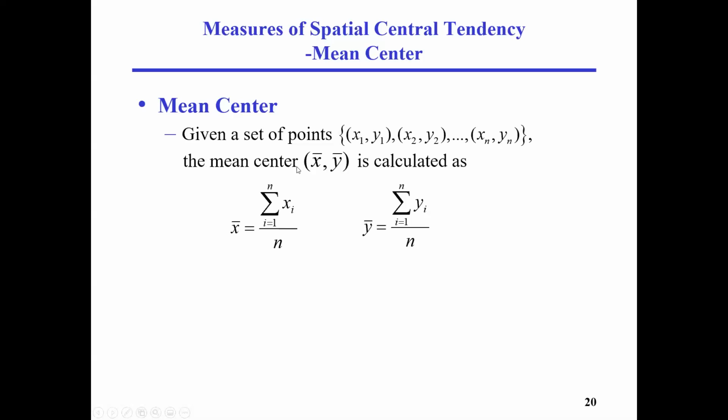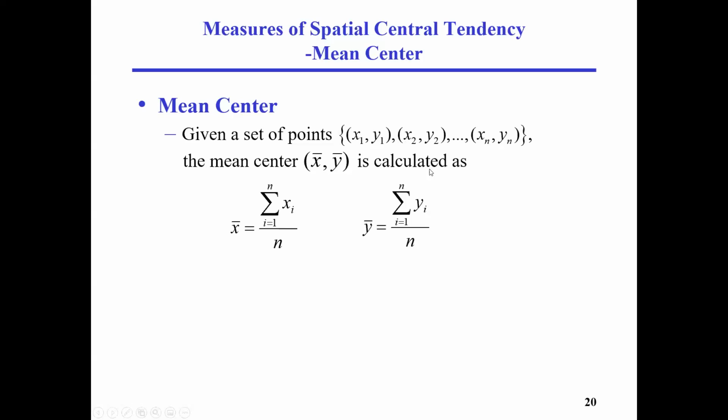The mean center, x bar, y bar, be careful here. X bar, x and y, no matter x1, y1, x2, y2, xn, yn, x bar, y bar, they are for coordinates. X is usually for horizontal coordinate, y is usually for vertical coordinate, right?